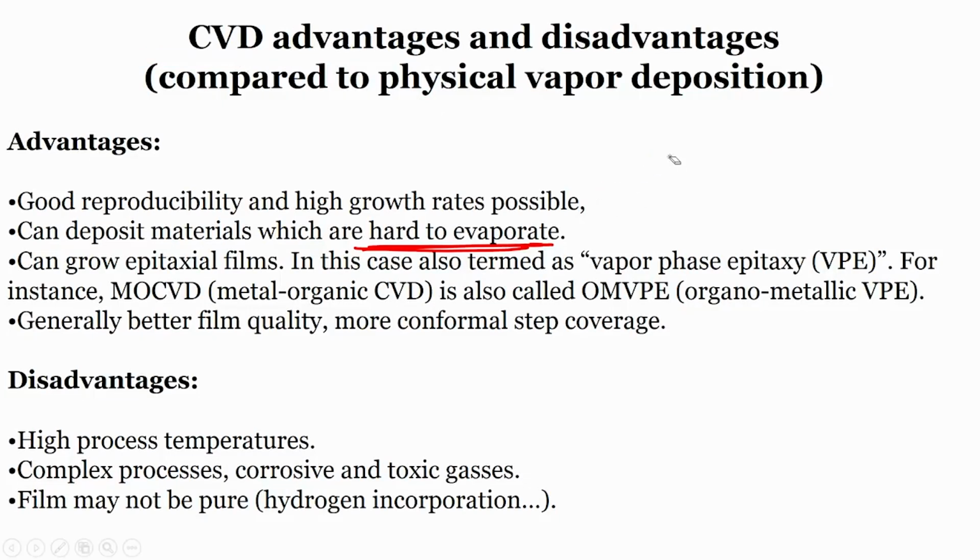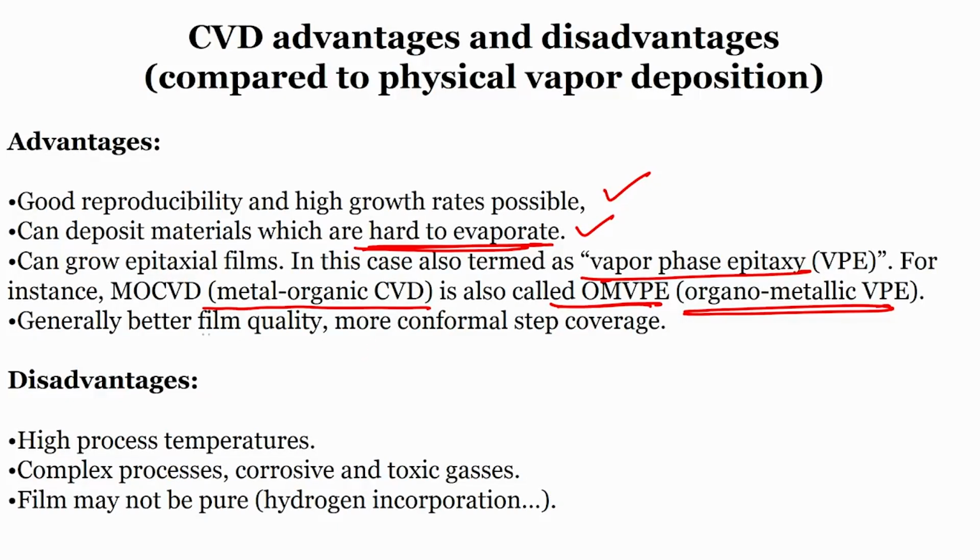Next, we can grow epitaxial films, in this case called vapor phase epitaxy. For instance, metal organic CVD is also called organometallic VPE. We have not seen that, so do not worry about it.